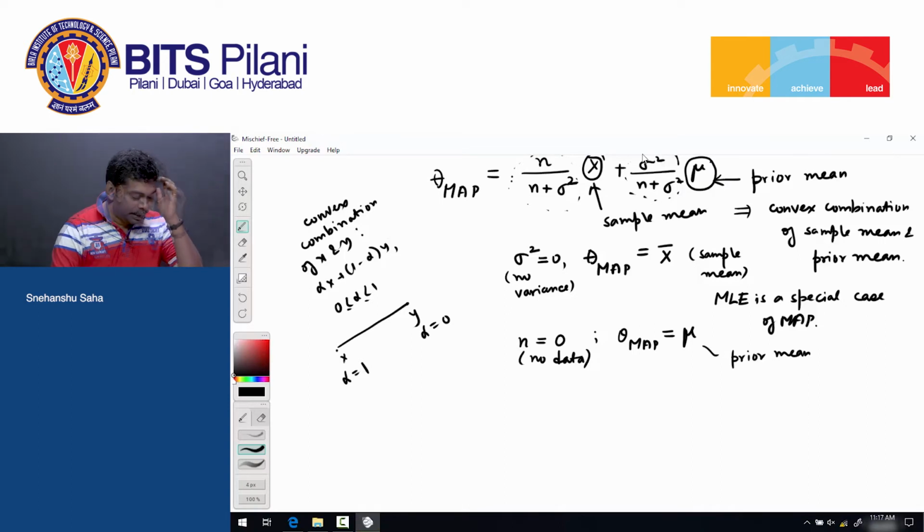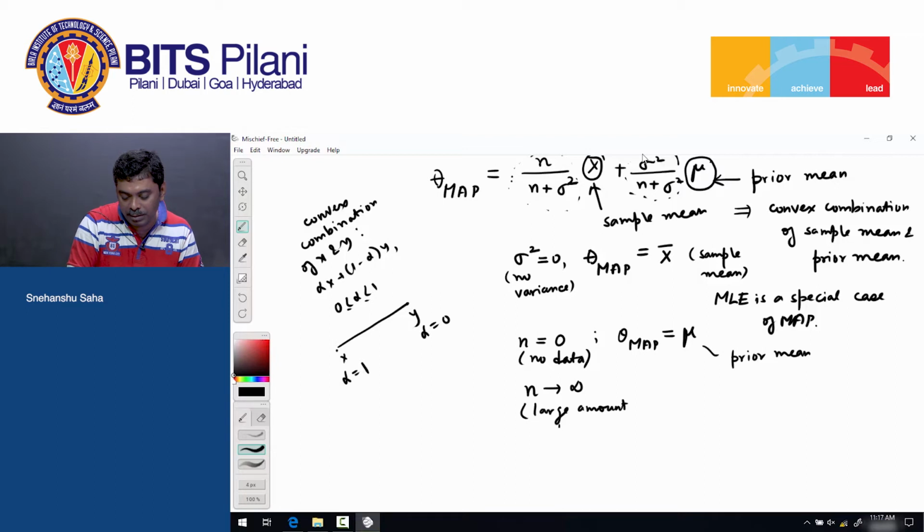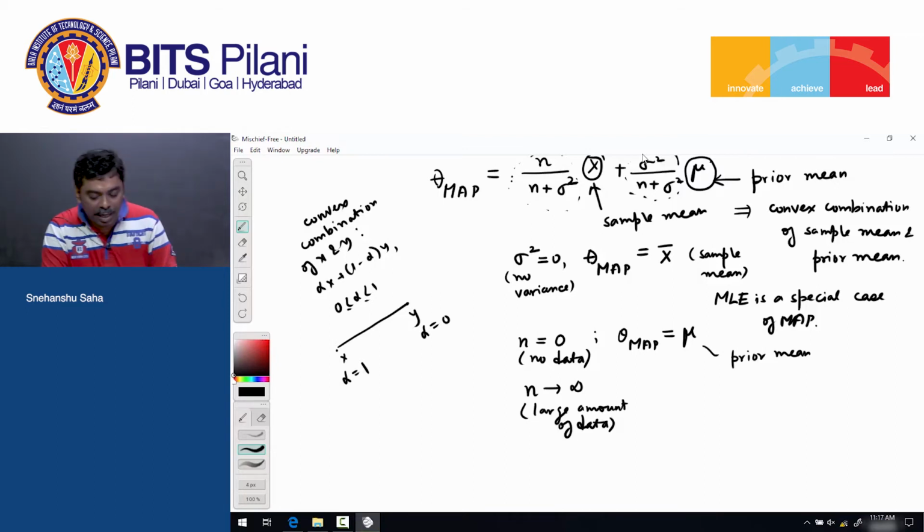Also, when n goes to infinity, meaning you have lots of data, a large amount of data, right? Then what happens? When you have a large amount of data, the second term will become 0.